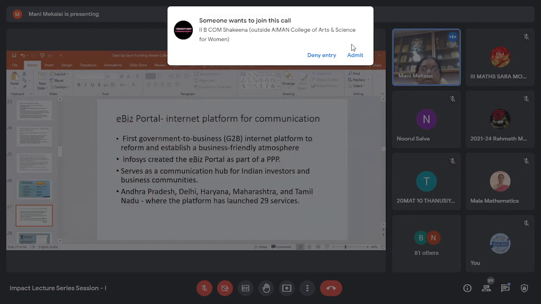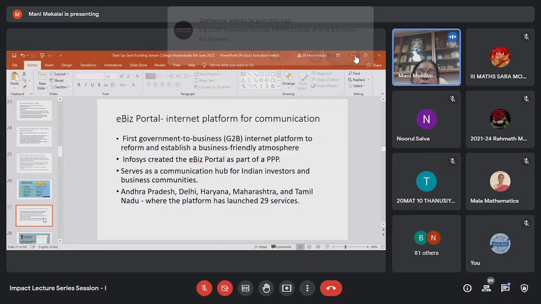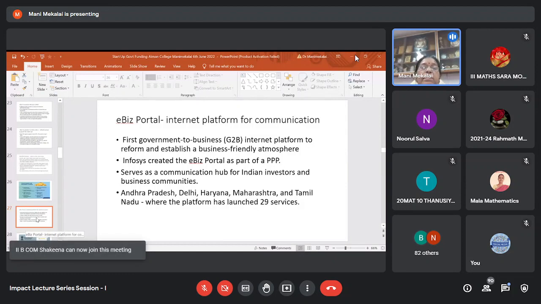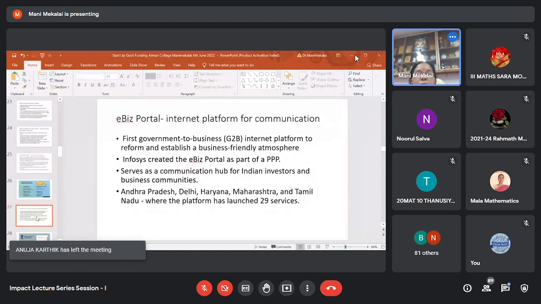The next government scheme is the Ebiz Portal. This is an internet platform for communication. So nowadays, in the current context, you can't do without devices, whether it is a laptop or the phone, where you have to connect yourself with the internet. And for enterprises, there is a portal called Ebiz, and this is supported by Infosys as a public-private partnership arrangement.